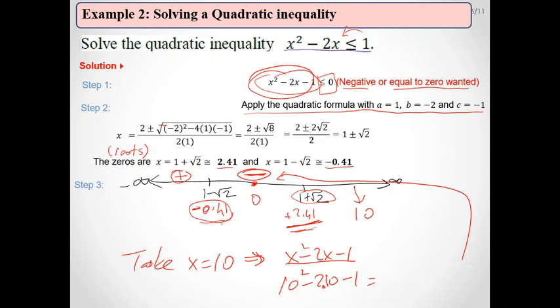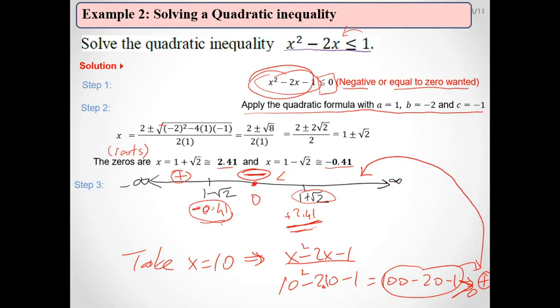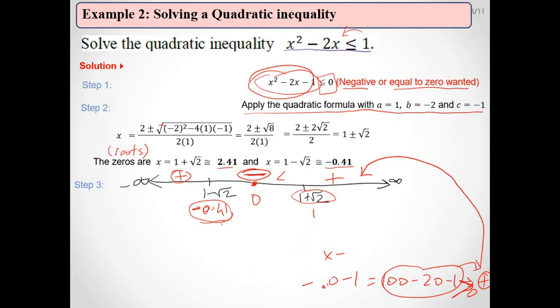You can calculate this, but it's obvious that it's 100 minus 20 minus 1. It's definitely positive. It's bigger than 0. And when you write it, you have to write it here as positive. Now we did the sign chart.